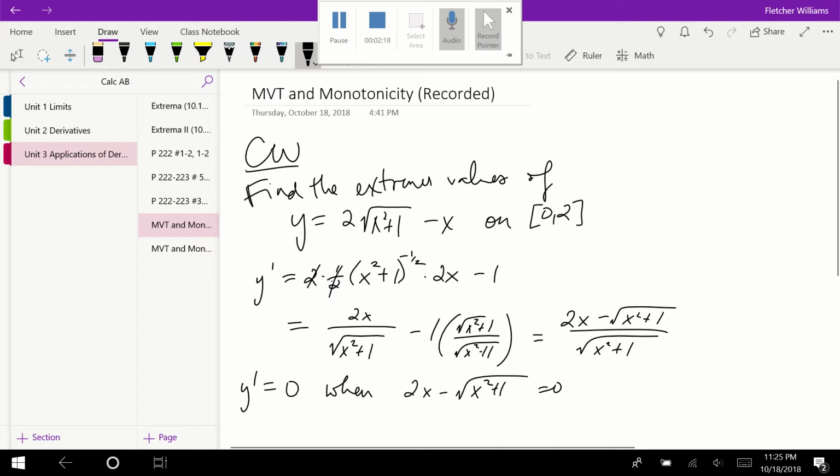Okay, so trying to isolate x, I'd recommend adding over, well actually, wait. Let's see, sorry about that. I would recommend adding over the root x squared plus 1.